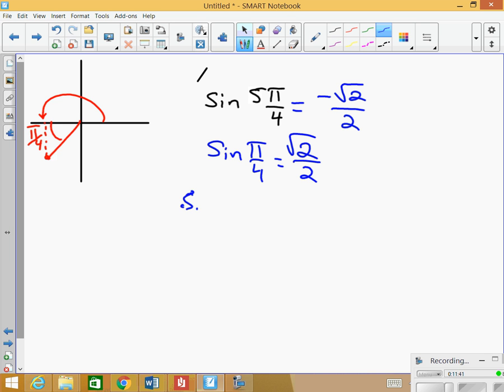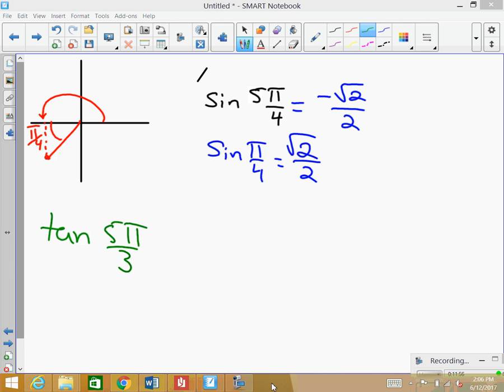Let's take a look at tan 5 pi over 3. Tan pi over 3 is going to be equal to root 3 over 1.